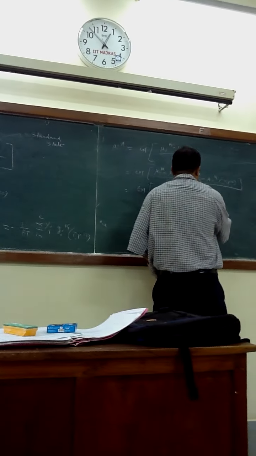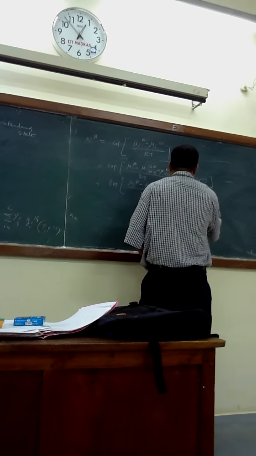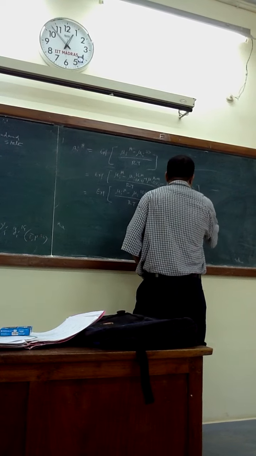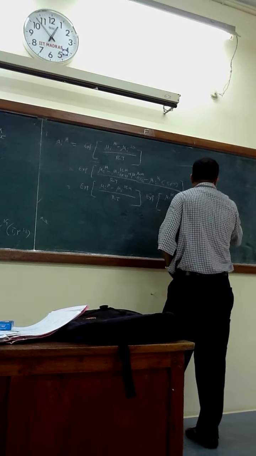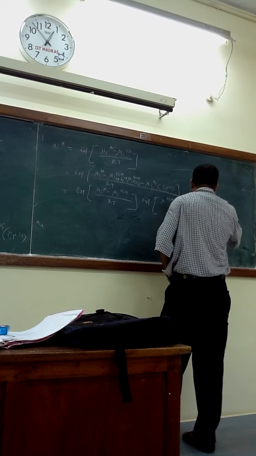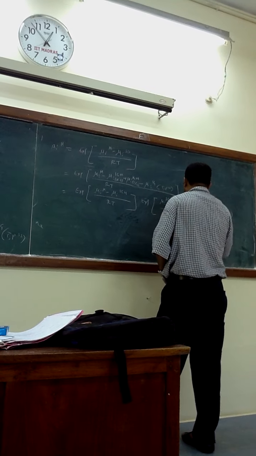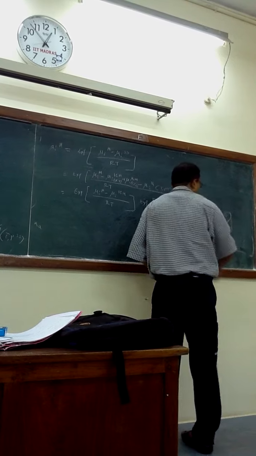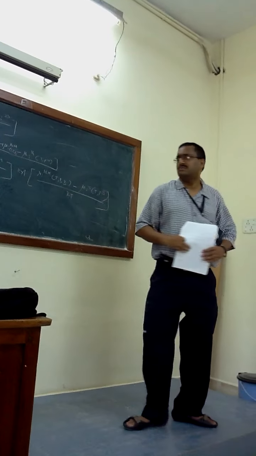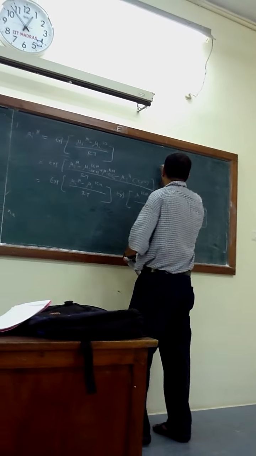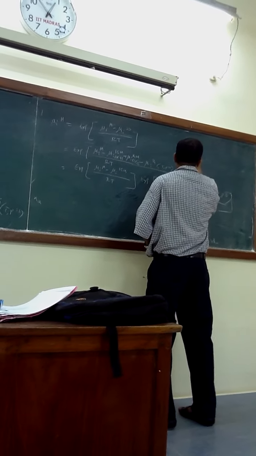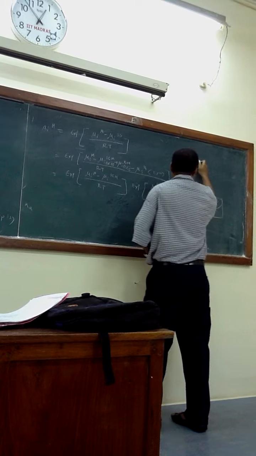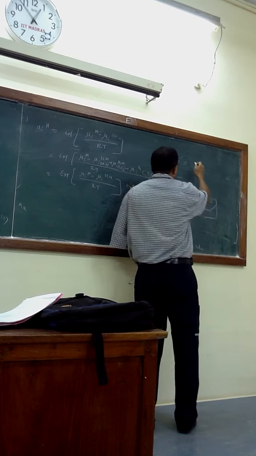Exponential mu I IgM Tp x bar minus mu I Ig Tp SS. How do we define phi I?